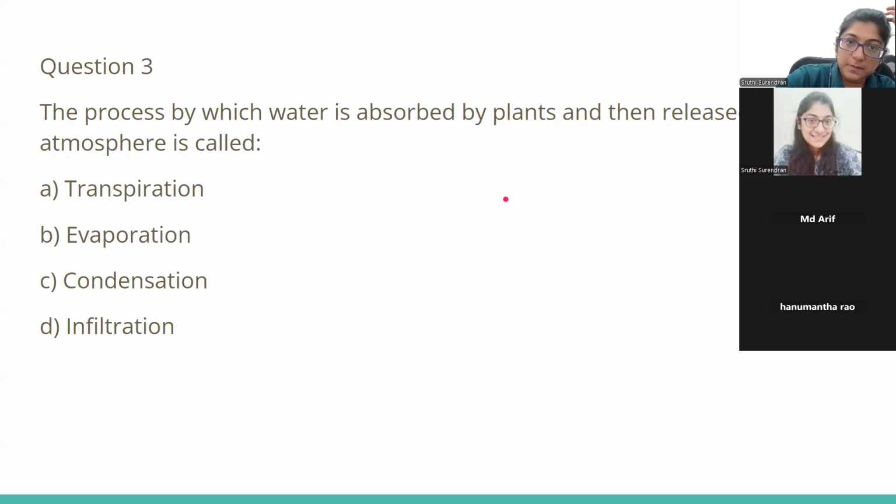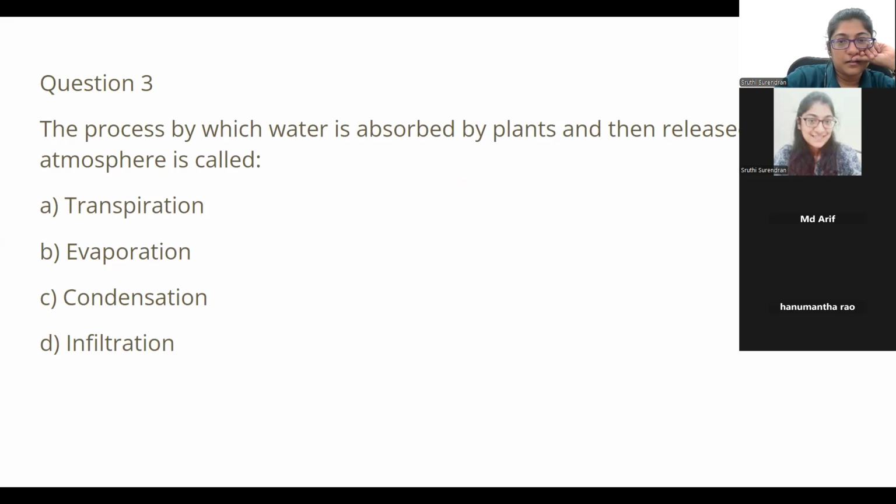Question 3. Process by which water is absorbed by plants and then released to the atmosphere is called as, just now we discussed it. Correct. Transpiration.